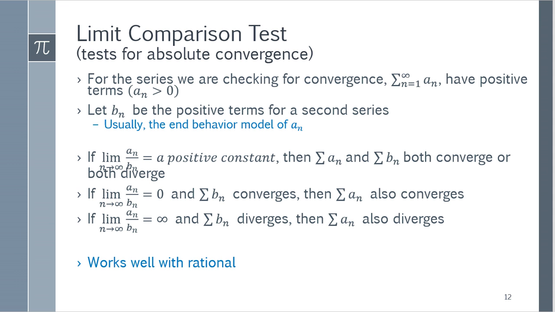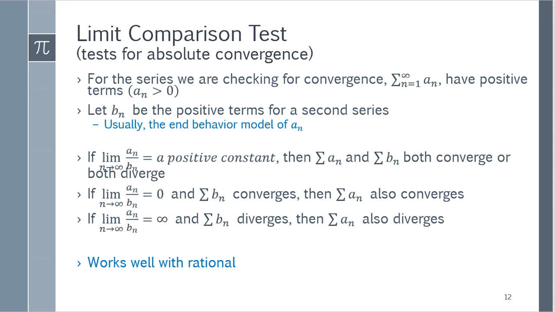And then if my limit is infinity, that means that a of n is bigger than the b of n. So if b of n is diverging and a of n is bigger, then a of n also has to diverge. I will admit, if I get either of the last two results, I typically will go to a different test, like the integral test, which is a later video.